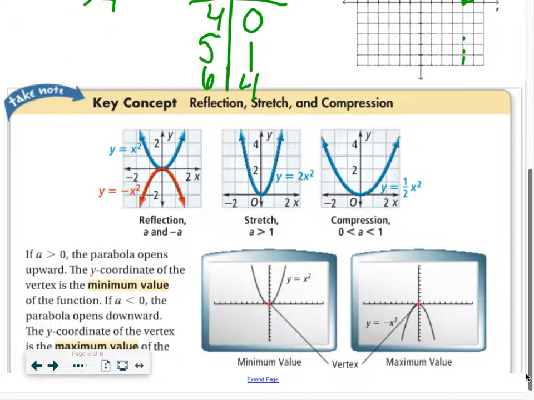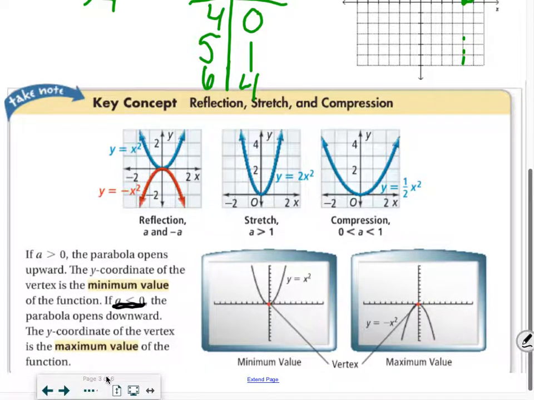This little table is pretty much what we talked about before. Your A, the thing out front, which we'll talk about in a sec. If it's positive, we're opening up. Negative, we open down. If it's bigger than 1, we get narrower. It's a vertical stretch. If it's a fraction between 0 and 1, we get wider, a vertical compression.